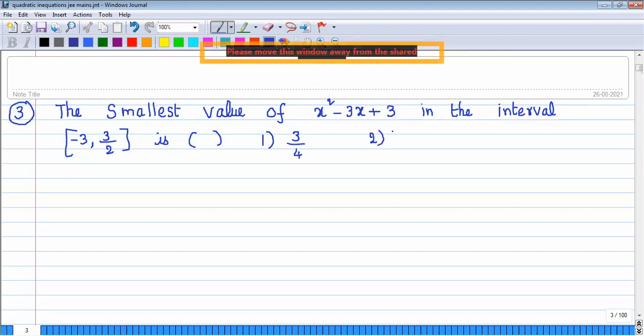Second option is 5. Third is minus 15, or negative 15. Fourth option is negative 20.